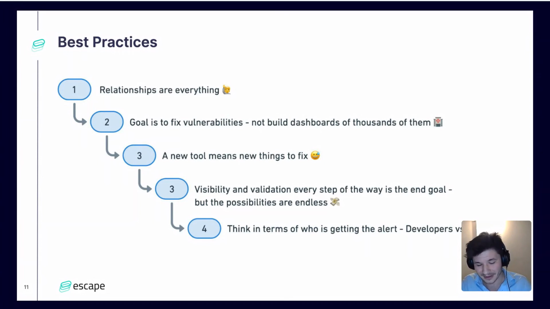A second thing that is quite important, and this has been a practice in the past decades, but it is slowing down: the goal of security and vulnerability management is to fix vulnerabilities and not to build dashboards to observe thousands of them.